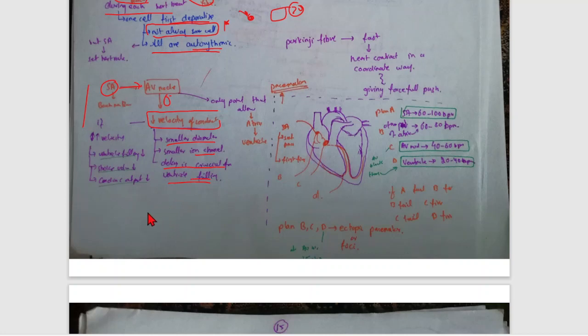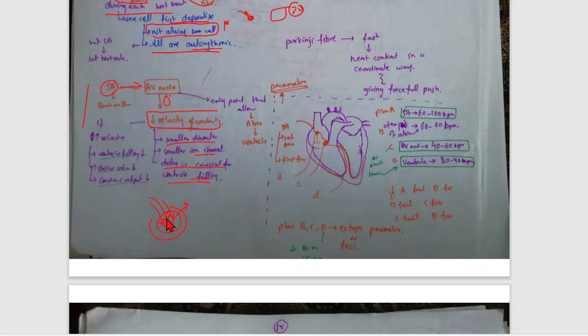Because the AV node decreases the velocity of conduction, more time is given to the ventricle to fill, and after the signal goes through the AV node, the ventricle contracts with more blood stored in it.